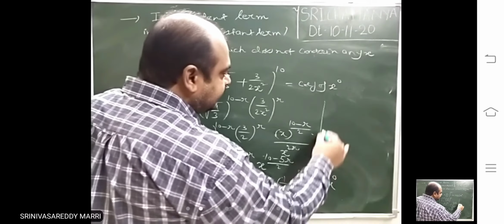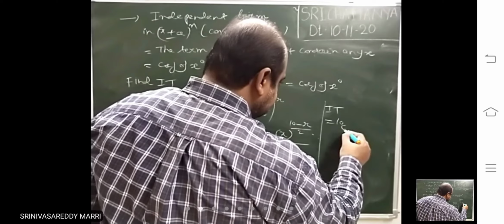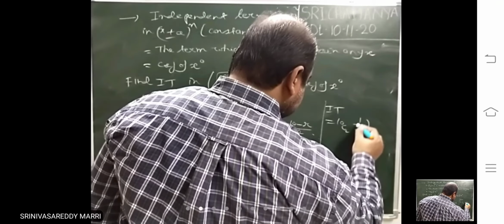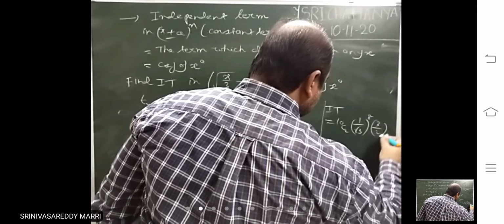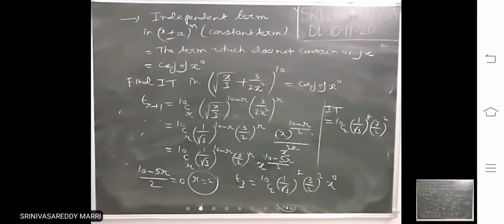Therefore, the independent term is nothing but 10c2 into 1 by root 3 to the power 8 into 3 by 2 whole square. This is the independent term, the constant term.